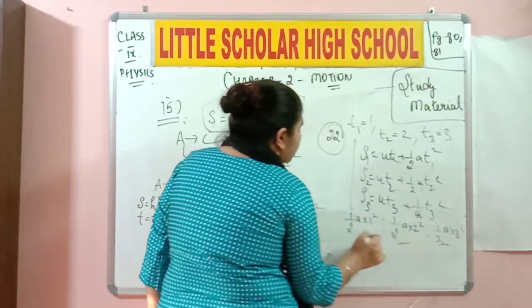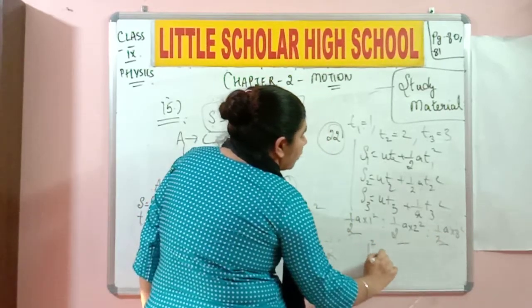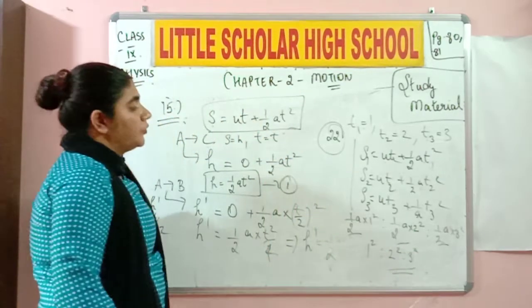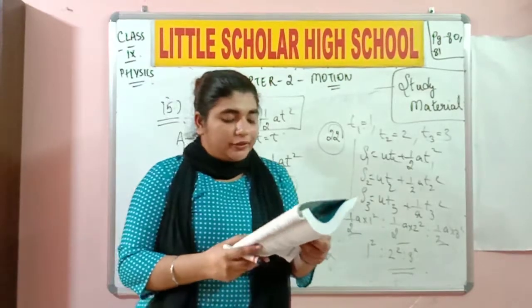Now half a is common over here. What is the ratio? 1 square is to 2 square is to 3 square. That is your answer. Pretty complicated for your level.